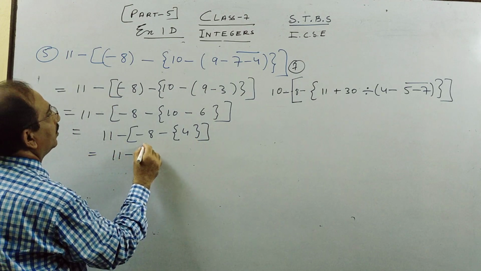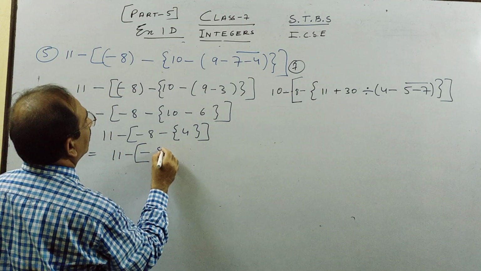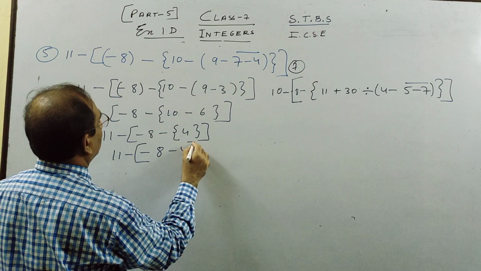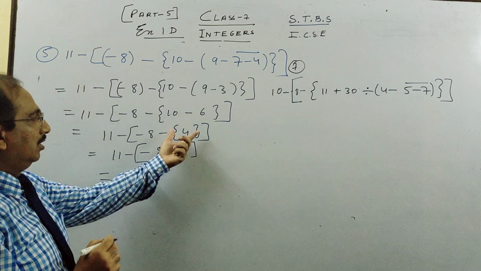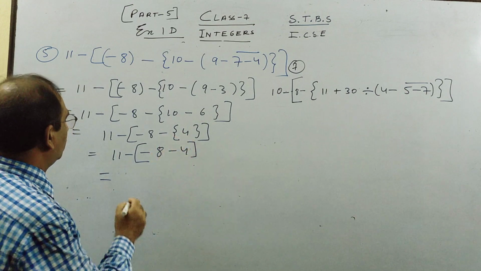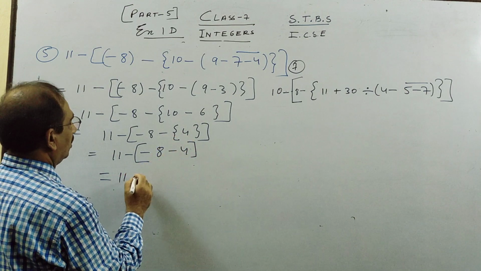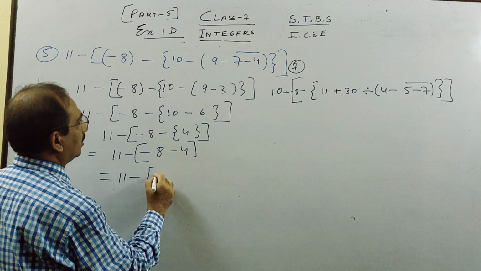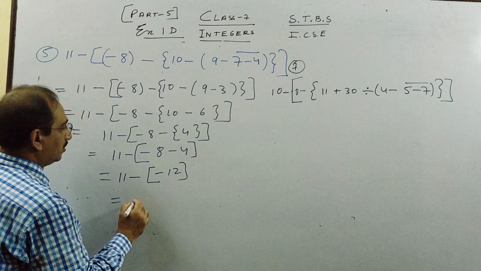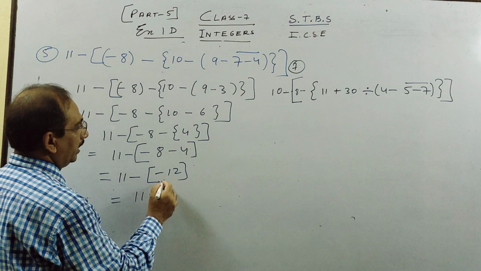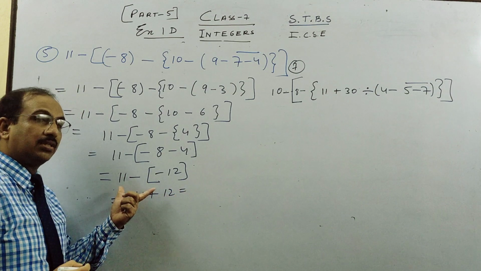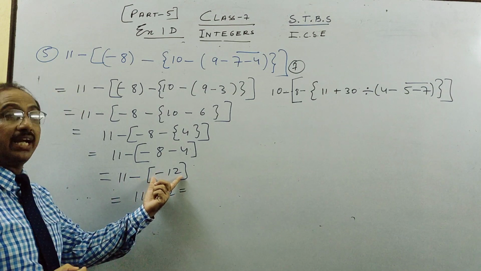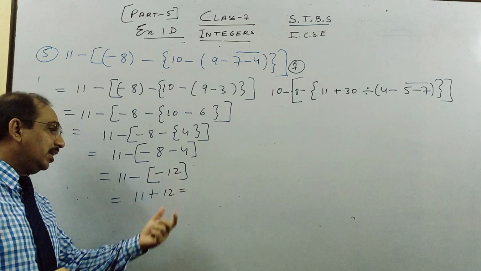Now the next step. The middle bracket goes, minus and minus. Now see the big bracket, the square bracket. So minus minus plus. In the third part of my video I told you how we take the additive inverse of minus 12.